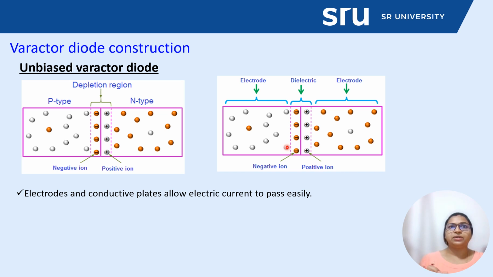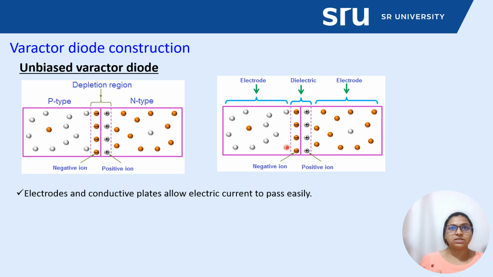We also know that electrodes or conductive plates easily allow electric current through them. The p-type and n-type semiconductors also easily allow electric current through them. So the p-type and n-type semiconductors act like the electrodes or conductive plates of the capacitor. Thus, the Varactor diode behaves like a normal capacitor.